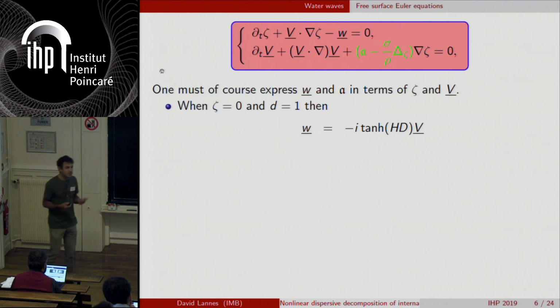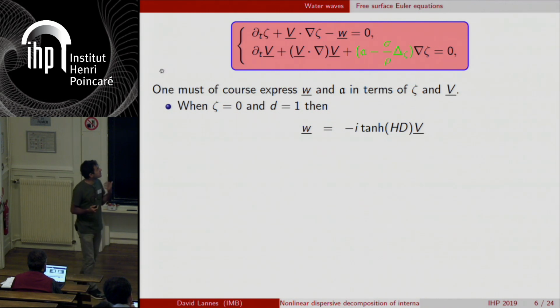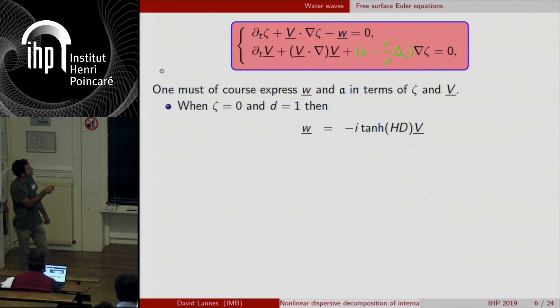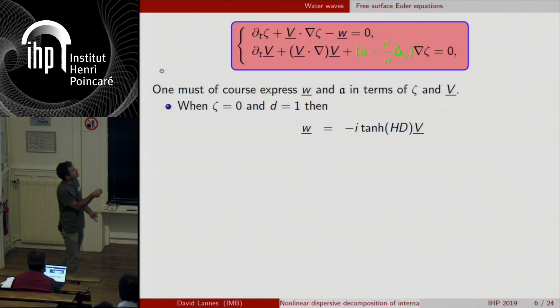You can integrate explicitly this ODE, so it gives you the velocity potential, which is cosinus hyperbolic of k, of z. And then once you have this, you can compute the vertical velocity, and you see that you can obtain a very simple relation between the vertical velocity and the horizontal velocity, which reads better in Fourier.